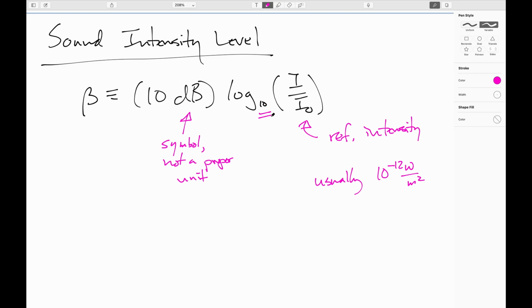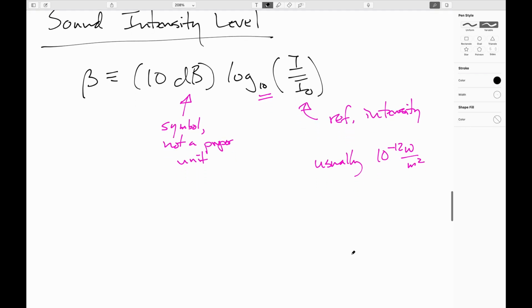All right. So if seeing logarithms is giving you some bad flashbacks to algebra class, let's go ahead and just do a couple quick things to refresh our memory on how this works.